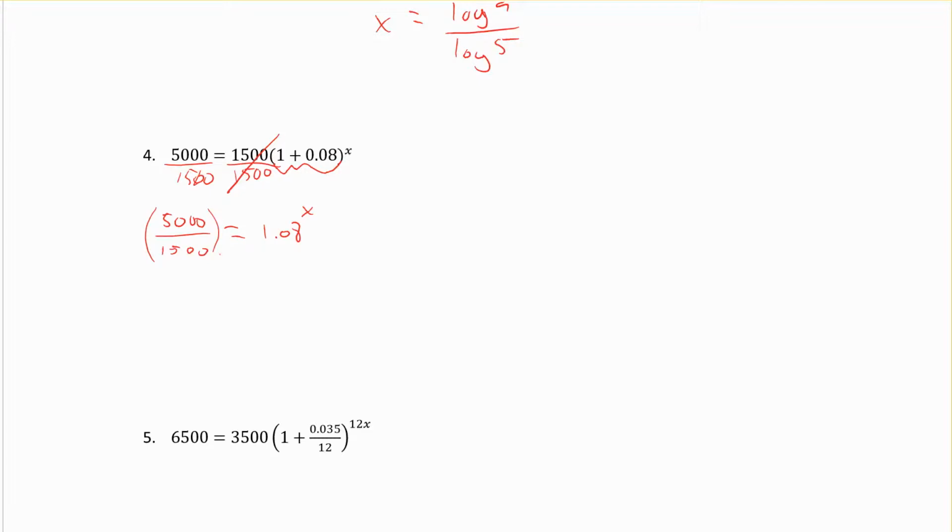So now what I can do is just take the log of both sides. So I'll go log of 5,000 over 1,500 is equal to x times log 1.08. And then divide both sides by log 1.08.